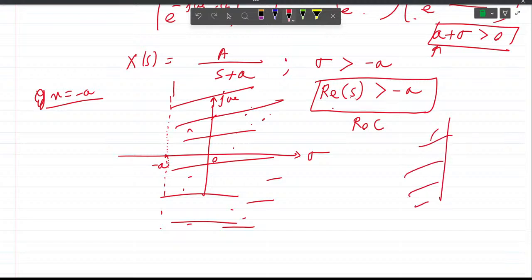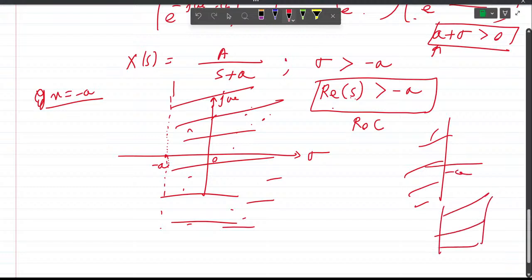Let's say this is your minus a point. Some ROC is a strip, from minus a to minus a by 2. That will be a part of your signals and systems, and a lot of questions also come from that topic in competitive exams: determine the ROC.